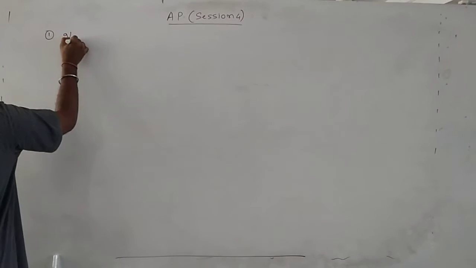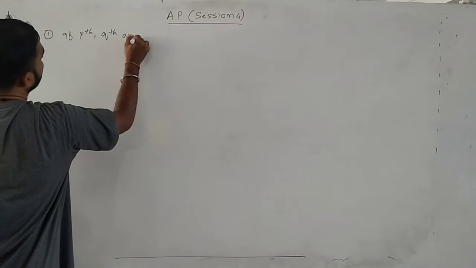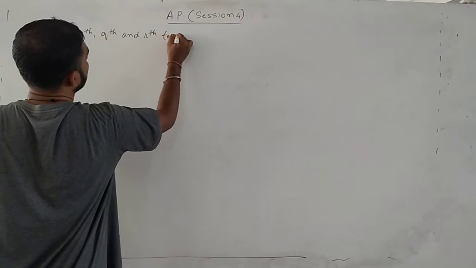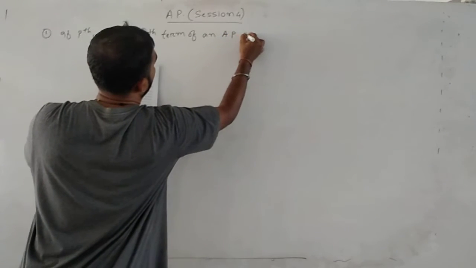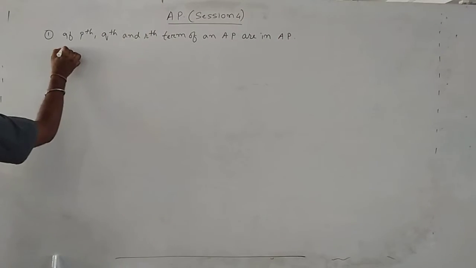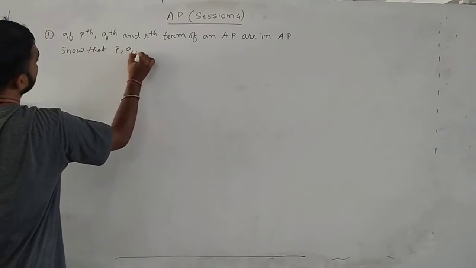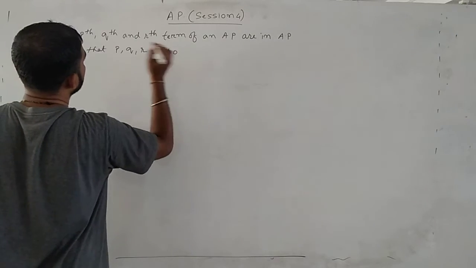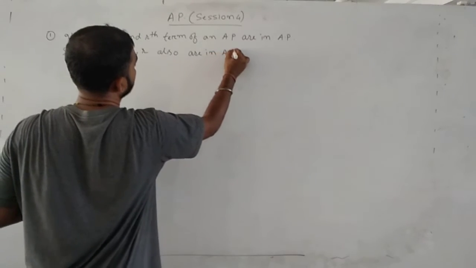If the Pth, Qth and Rth terms of an AP are in AP, show that P, Q, R also are in AP.